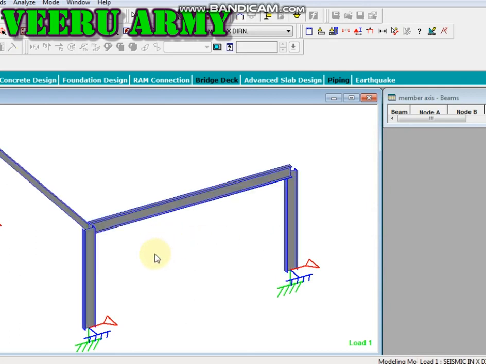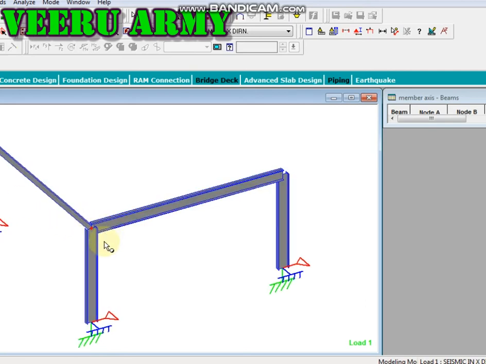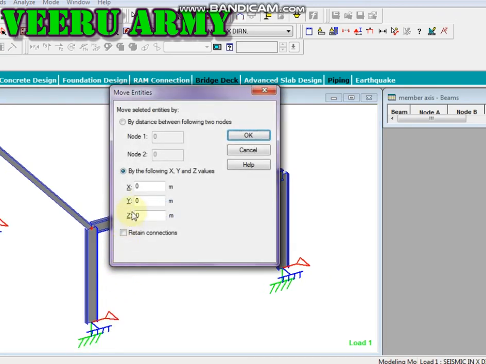Now again we provide moment about the z-axis to this column, and we see the tilting of this column under the z-axis moment.